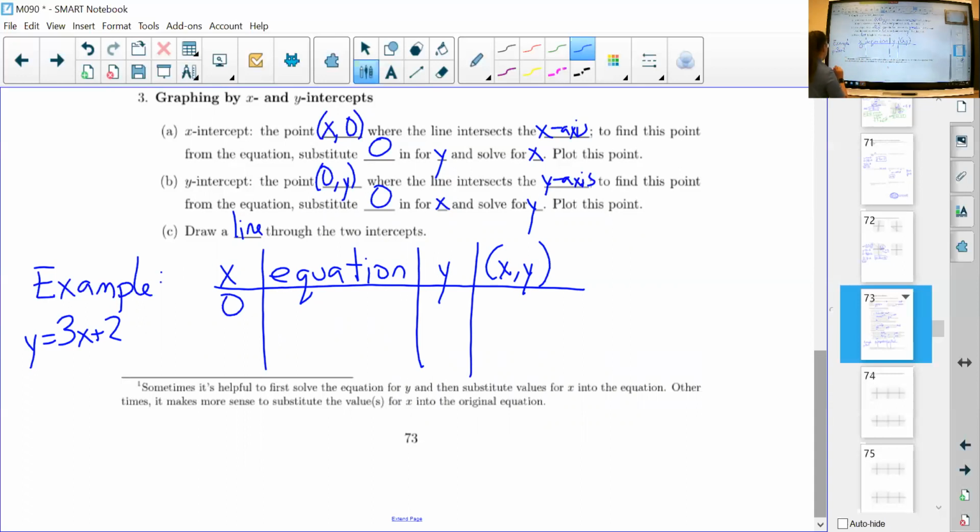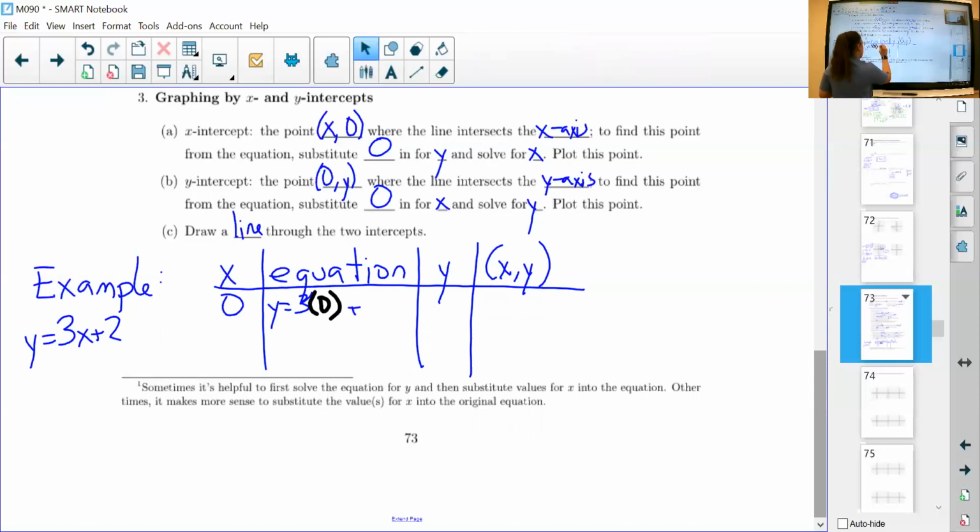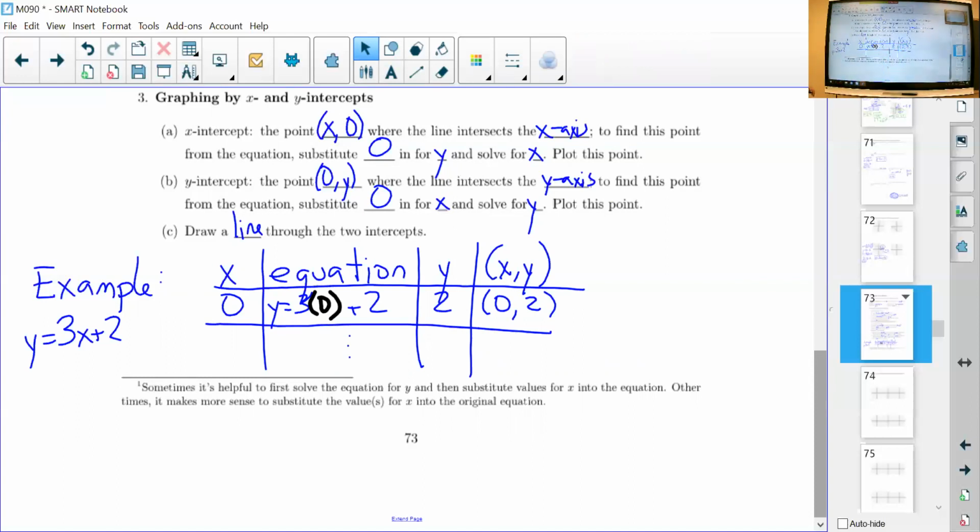Not always, but usually. Plug it in, I have y equals 3 times 0 plus 2. So y is 0 plus 2, which is 2. My ordered pair is 0, 2. And then I can just keep going. So I'm finding ordered pairs that match up with that equation.